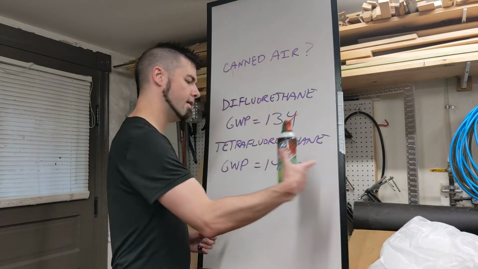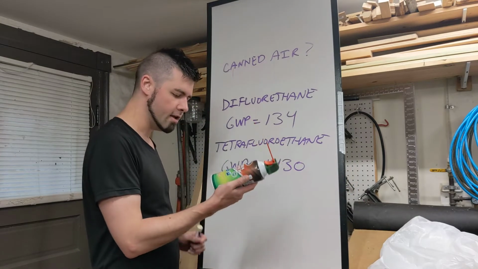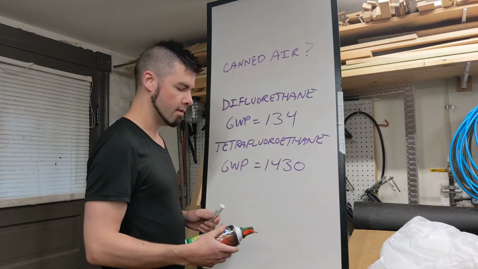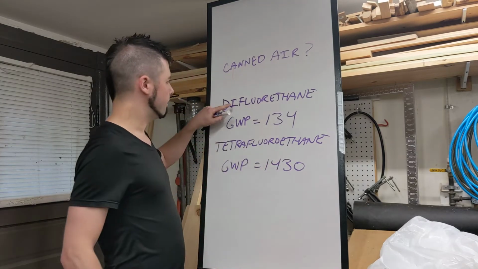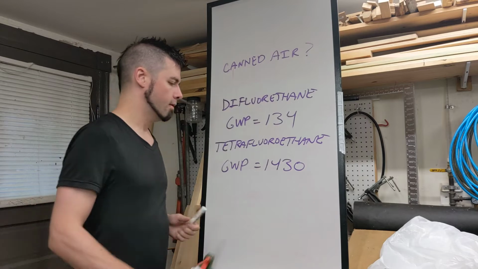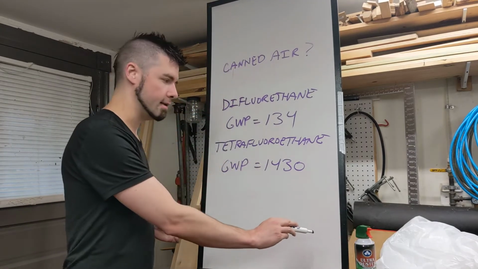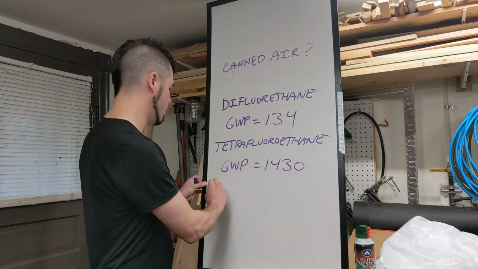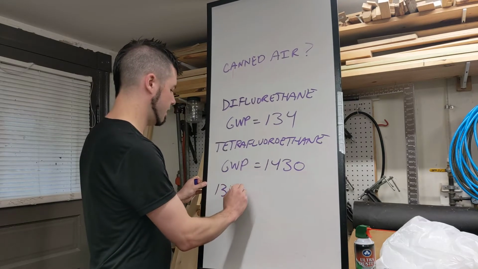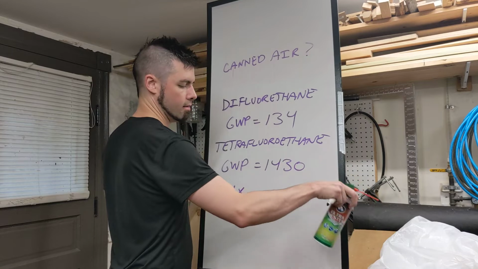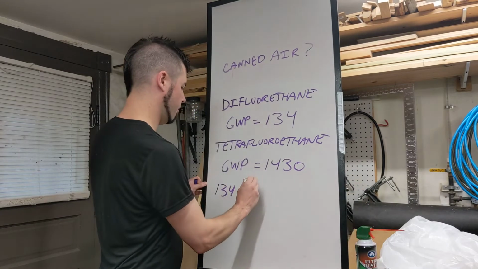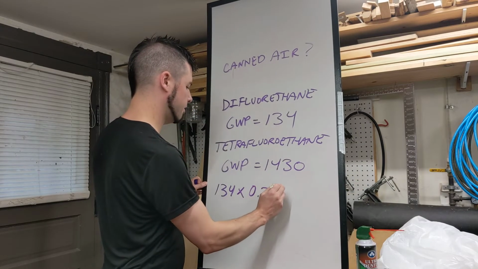So what that means, so this gas duster contains 340 grams of this one. So how much CO2 would have to be emitted to be equal to that in terms of greenhouse effect? Well, it would be 134 times 0.34 kilograms.